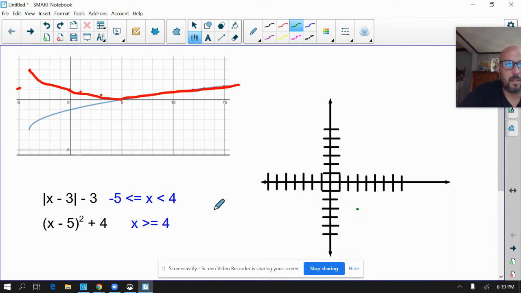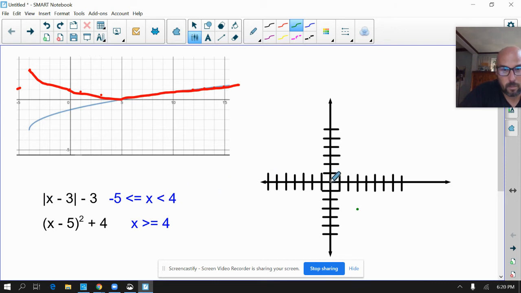Alternatively, I like this too. You could plug in the 2 endpoints and then connect the dots. So for instance, if you plug in -5 into x, -5 minus 3 is -8. The absolute value of -8 is 8. And then 8 minus 3 is 5. Did I do that right? -5 minus 3 is -8, absolute value of -8 is 8, 8 minus 3 is 5. Okay, so -5 as an x value produced 5.